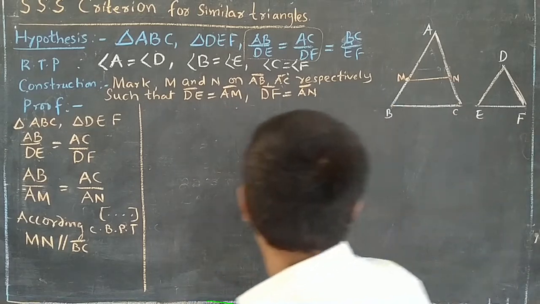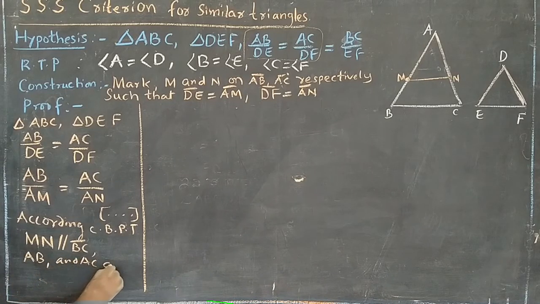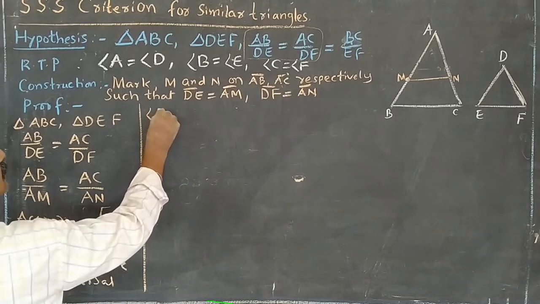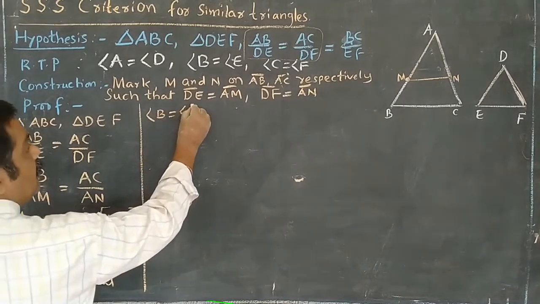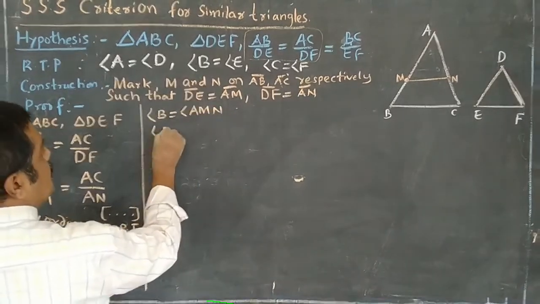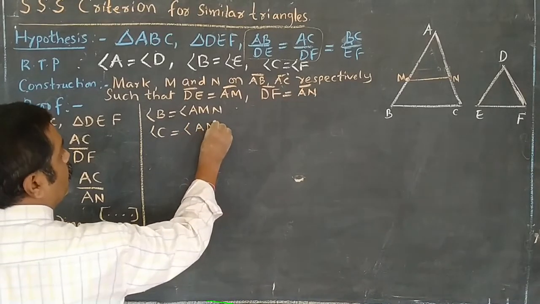That only I am going to write. When they are transversals, we have to write angle B is equal to angle AMN, and also angle C is equal to angle ANM.